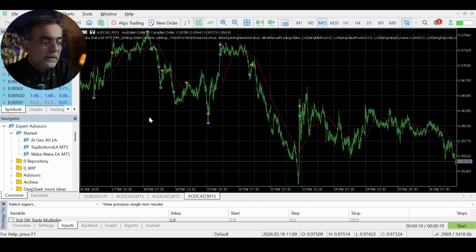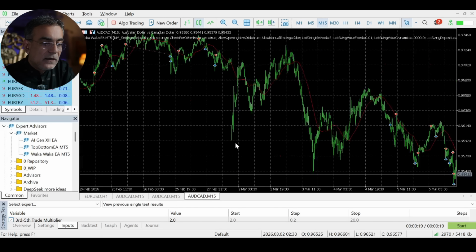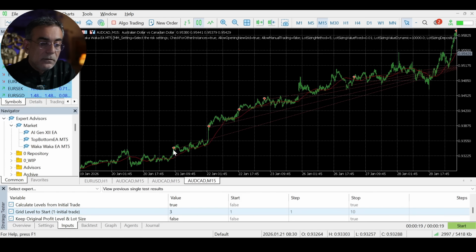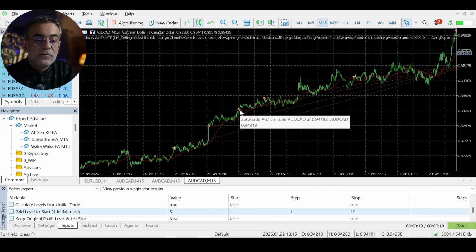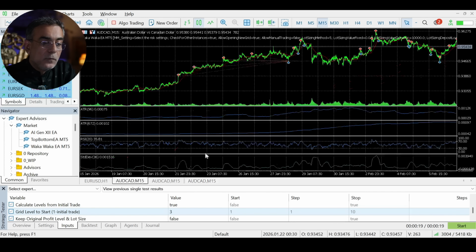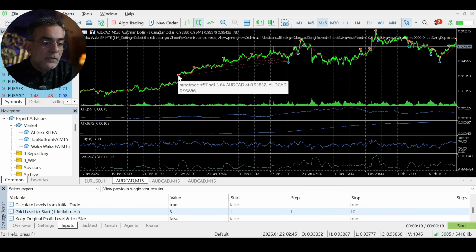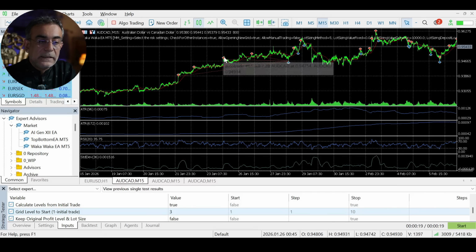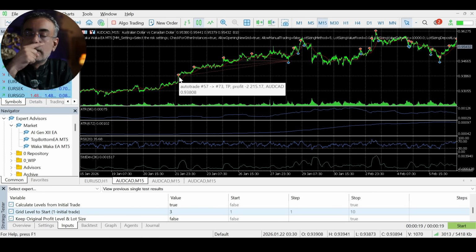When you run it with the grid level to start as 3, for the base level you have 0.01, for the first level you have 0.01, and then from trade 3 you actually have 3.66. While in the original one, you can see from the very beginning it is 3.64, 3.64, and then double already, 7.28. Grid leveling is started immediately from the time that the RSI hits 65 or 35.